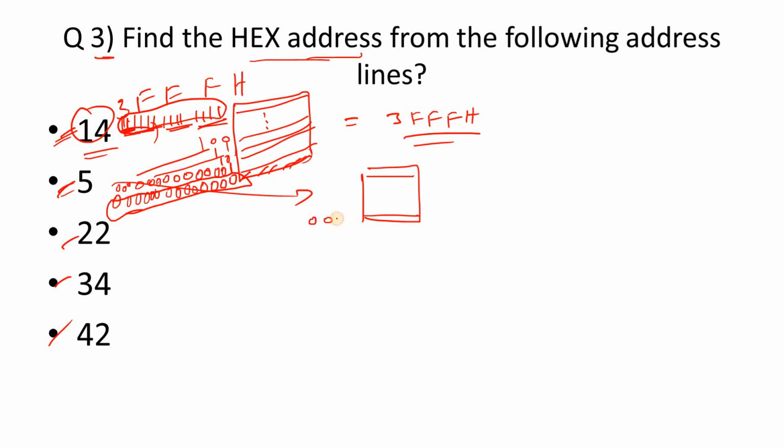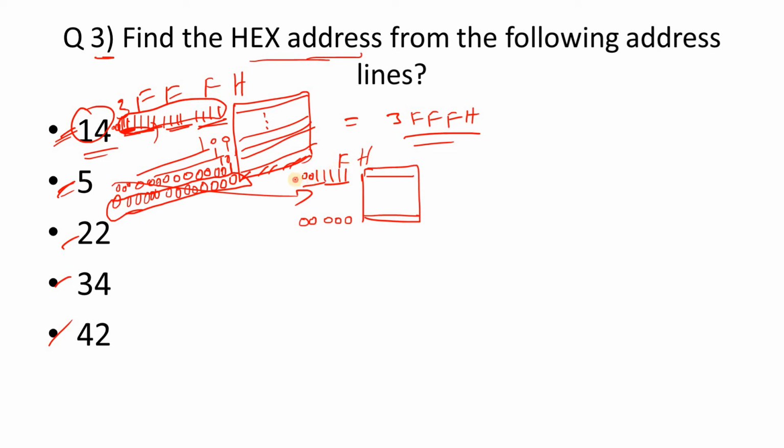Coming to the second case, the memory has an initial and a final address. 5 zeros, 0, 0, 0, 0, 0, is the address of the first location, and 5 ones is the ending address of this memory. Adding in the form of hexadecimal 4 bits, 4 ones equals F. The remaining 1 is there, and for grouping purposes we add 3 zeros on the left side, because 4 bits are needed to complete one group.